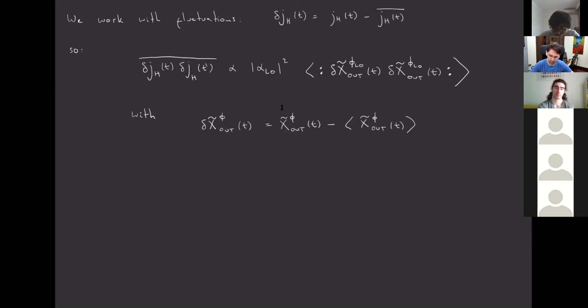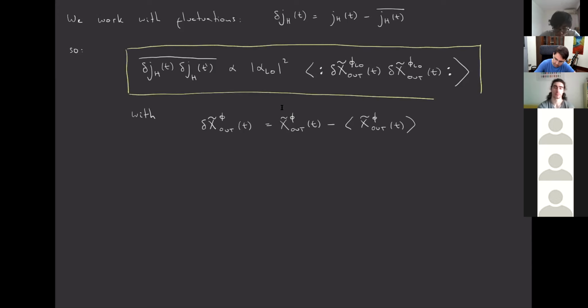Okay, nothing special. So then in principle, this is a very important result. This is one of the key results of this chapter because it tells us that by measuring the moments of the homodyne photocurrent, we have access to the normally ordered moments of the slowly varying quadratures of the output.